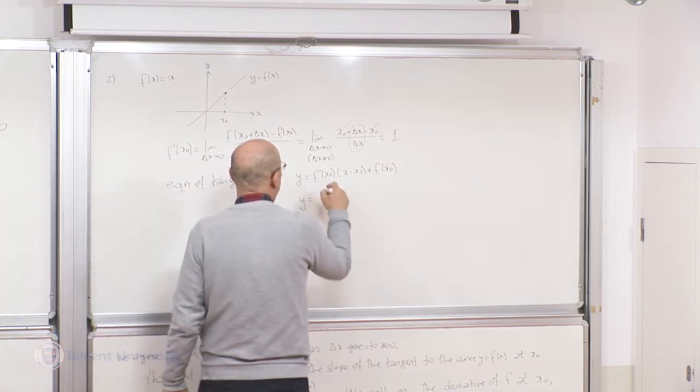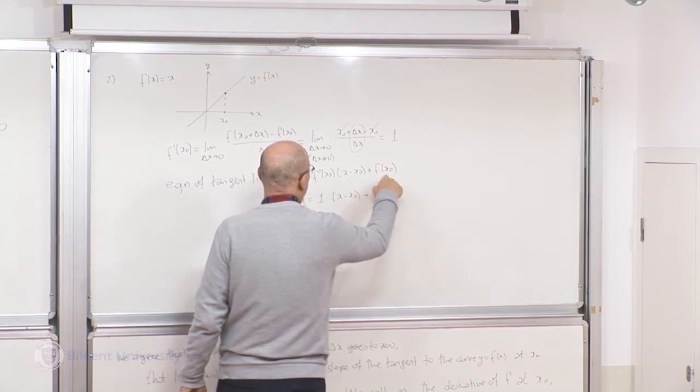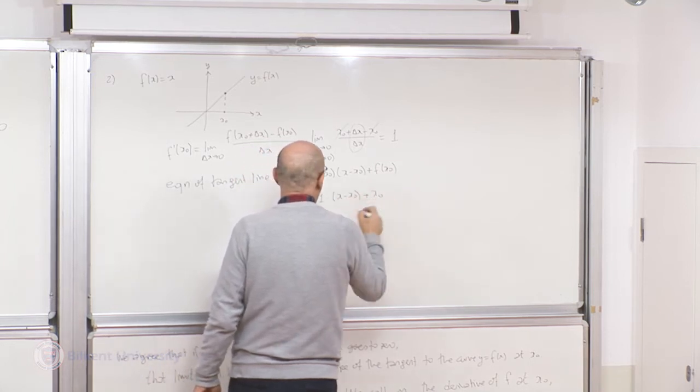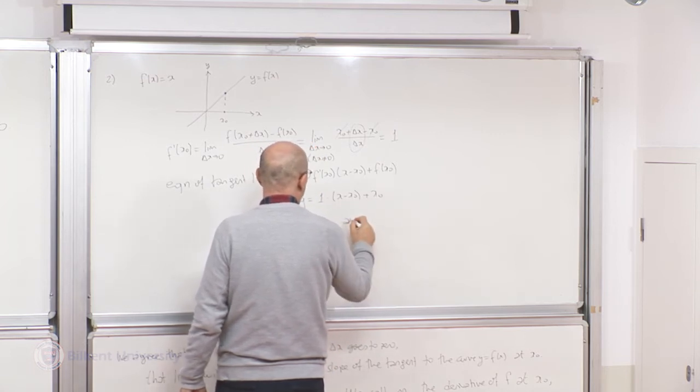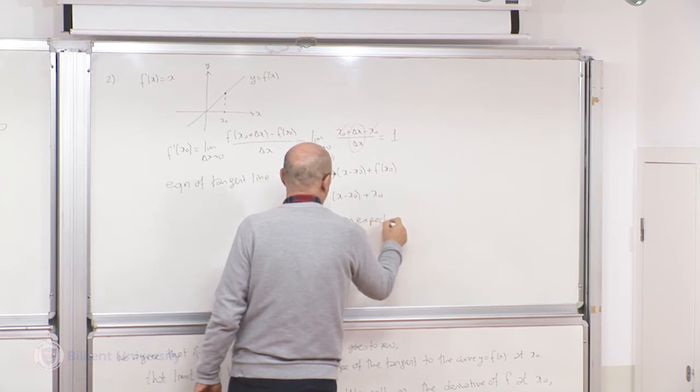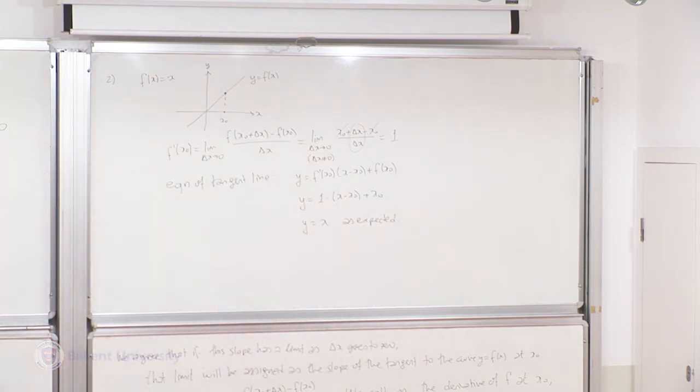Y equals, this is 1, times x minus x sub 0, plus this is x sub 0. So y equals x, as expected. Okay, so in these two totally trivial cases, our algebraic manipulations agree with our expectations.